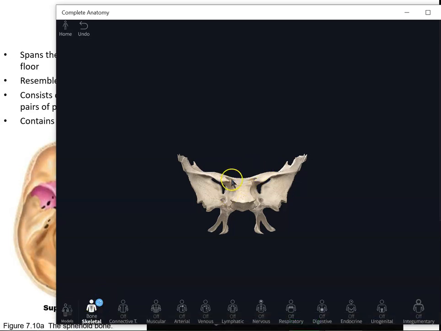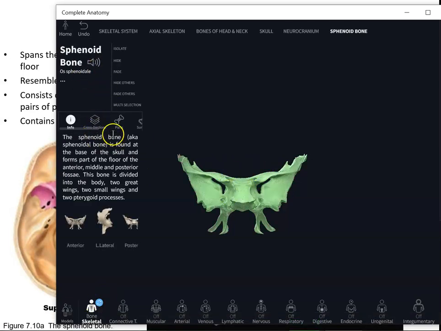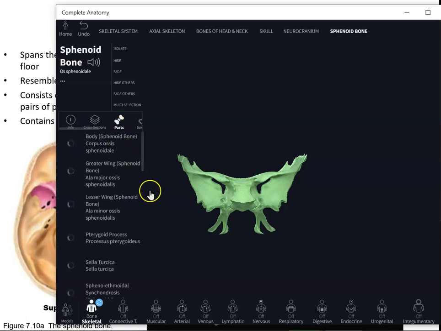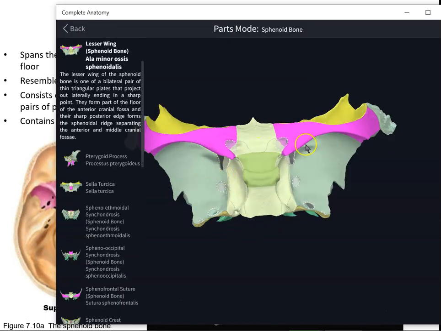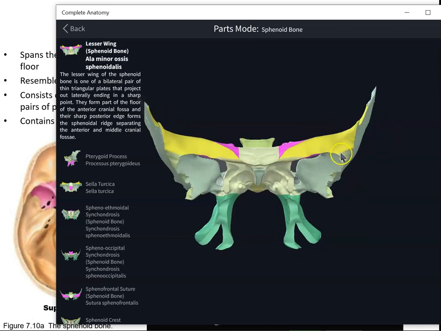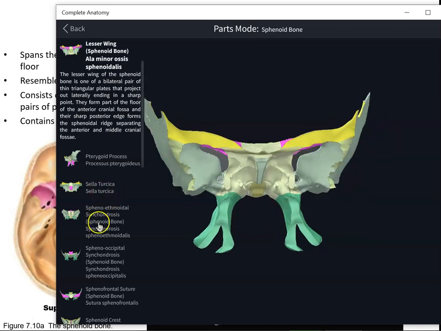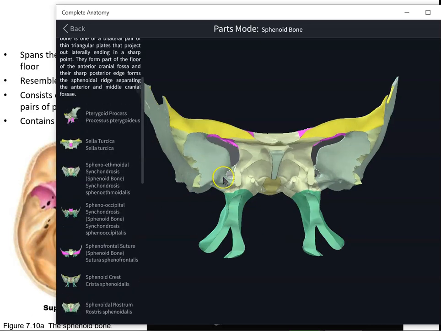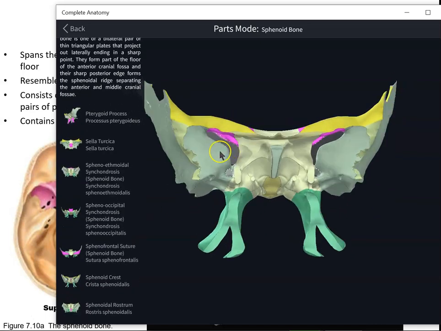If I click on it, I will pull up different views, and parts is what I want to do first. So we have a lesser wing, which is what's purple up here, and we have a greater wing, which is really all this other stuff down here.